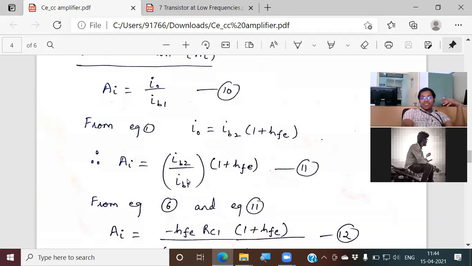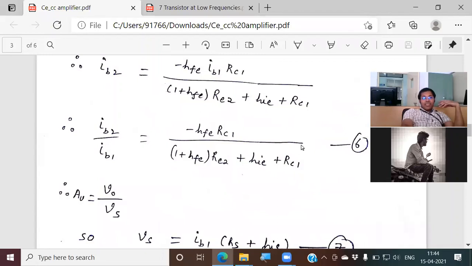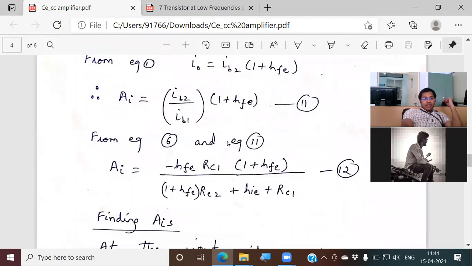So now life becomes very easy. Let us see which is the equation number for IB2 by IB1. It is here, equation number 6. Yesterday, in the previous class, we derived it, so I will take it as it is and put it there: minus HFE RC1 divided by 1 plus HFE RE2 plus HIE plus RC1.